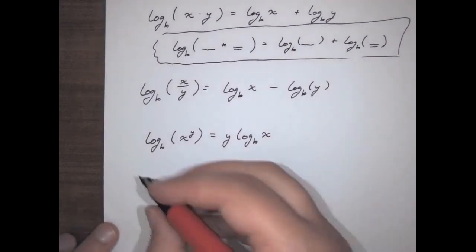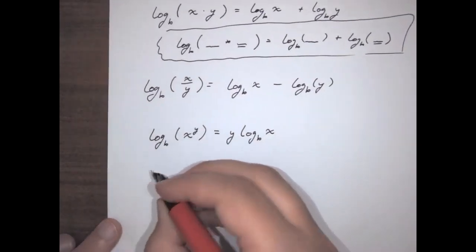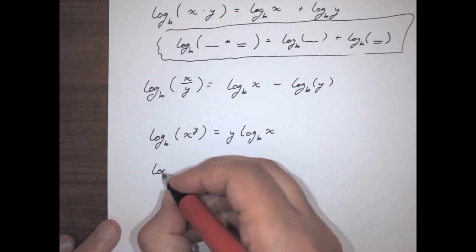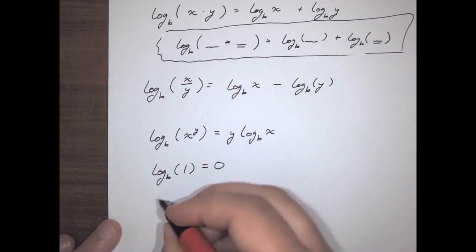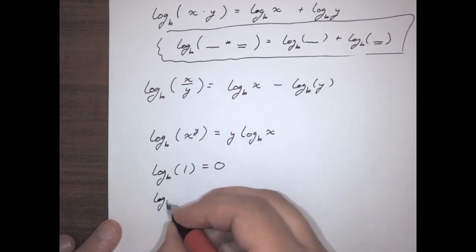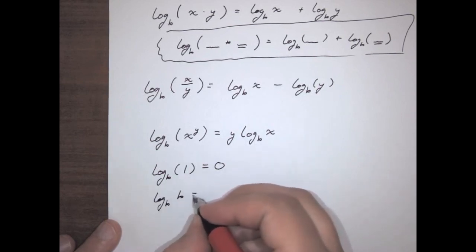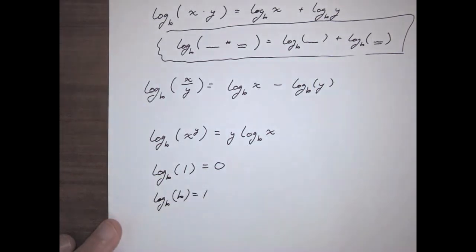And then other things that correspond to the other properties. So log base b of 1 will equal 0. Log base b of b will equal 1.